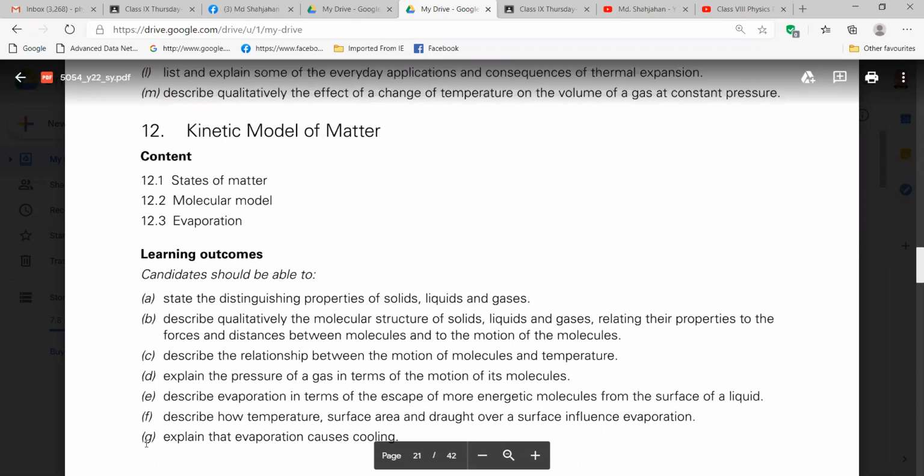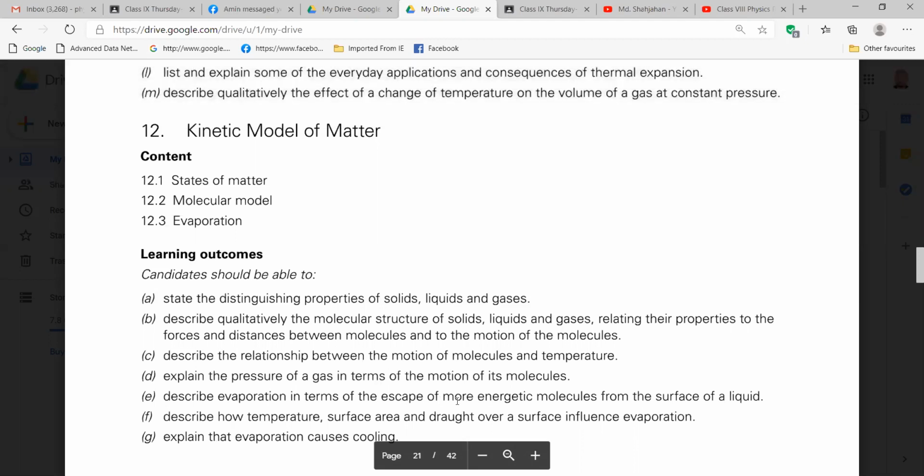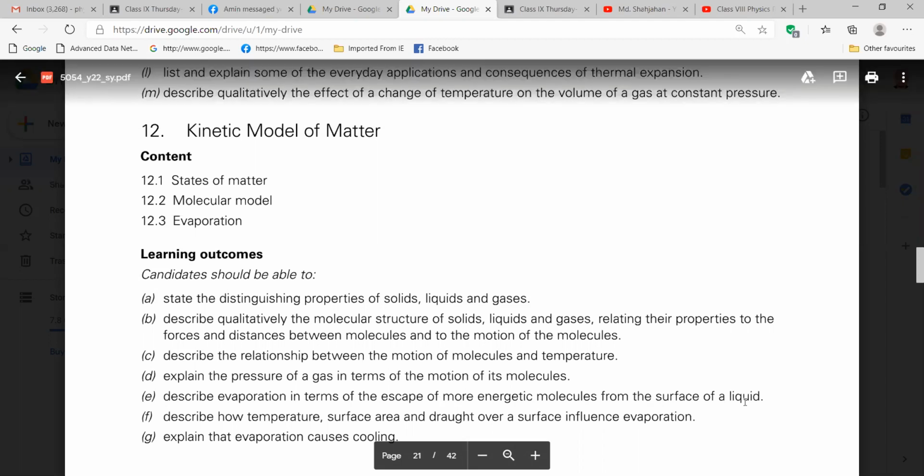Are you confident now? So you check now. You check that we did this. Describe evaporation in terms of the escape of more energetic molecules from the surface of the liquid. So we got one difference, that evaporation occurs at the surface, right?